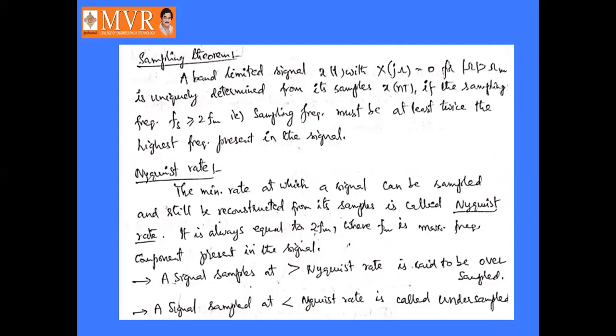That is, fs must be at least twice the highest frequency present in the signal, that is, fs is greater than or equal to 2 fm. Here the signal will be a band limited signal. This is nothing but the sampling theorem.